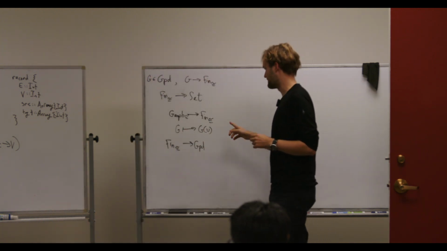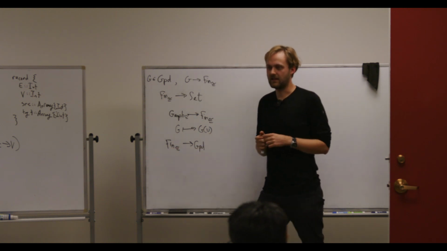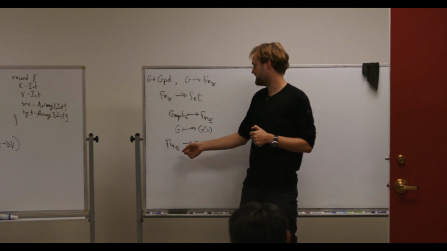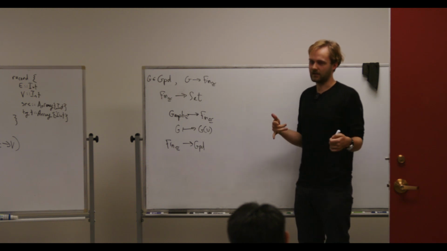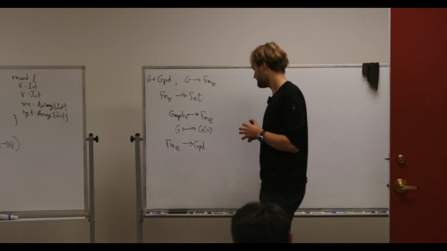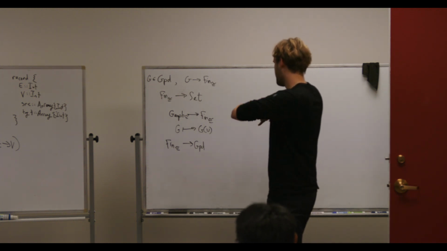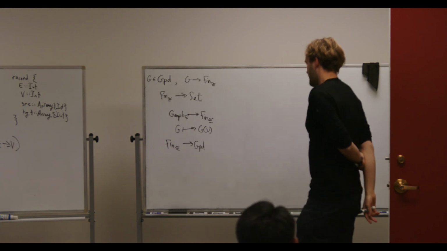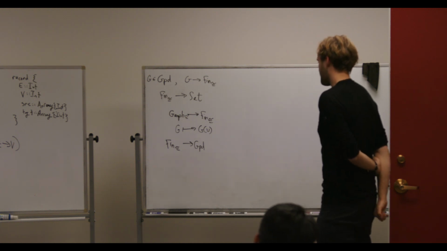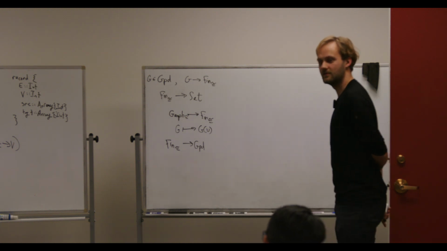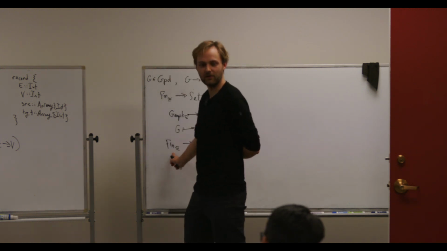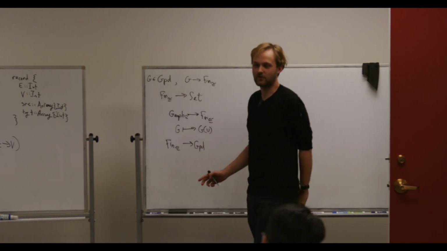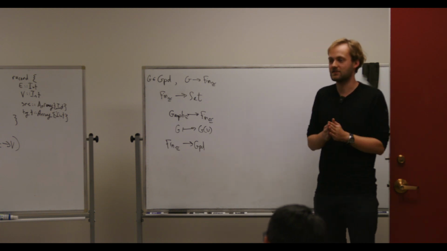So for instance, for graphs, this would send a finite set to the groupoid of graphs with that underlying vertex set. Now, why stop here? Why just have one finite set here? Why not think about combinatorial types that are parameterized on two finite sets?